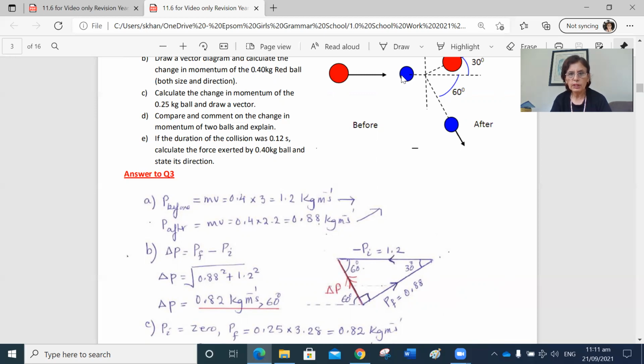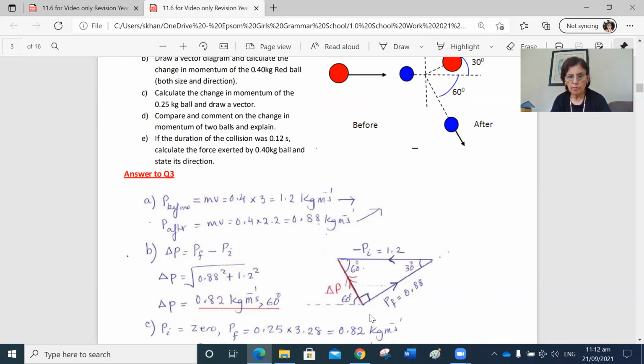So both balls will experience the same force, but in the opposite direction. Now we are going to look at the change in momentum of the red ball first. The red ball's final momentum is in that direction, shown by this vector over here. The initial momentum was in this direction, so to find the change in momentum, we do final momentum minus initial momentum. We've already calculated the values of the momentum here.